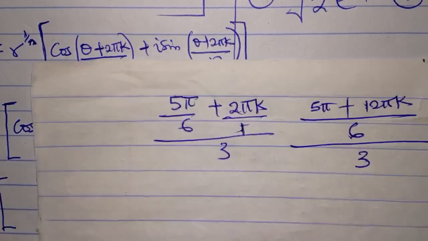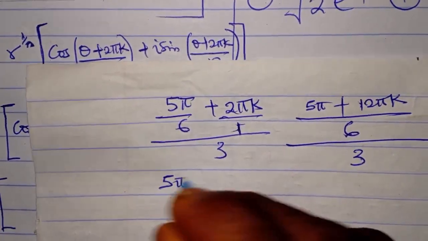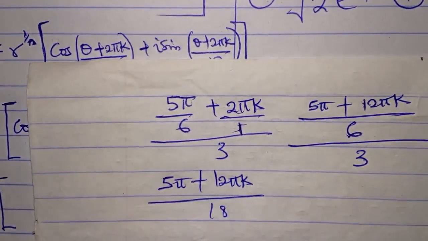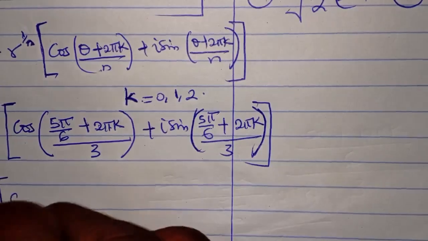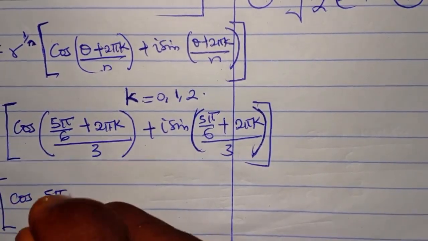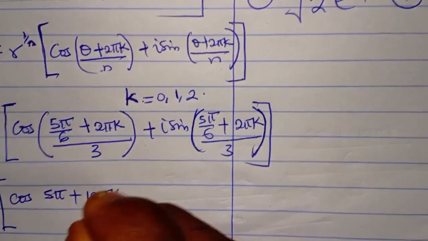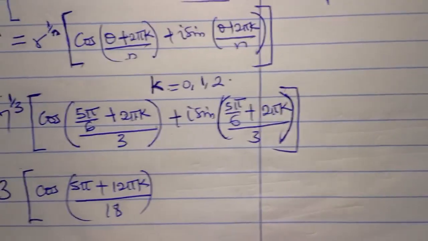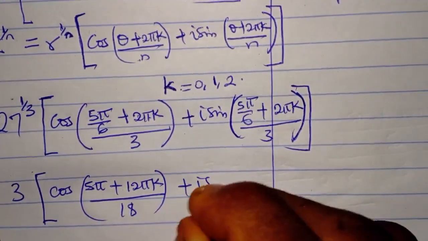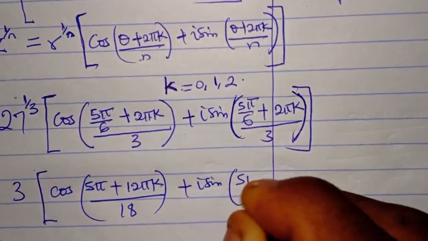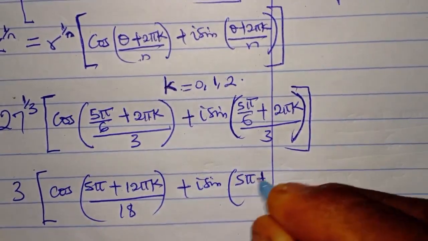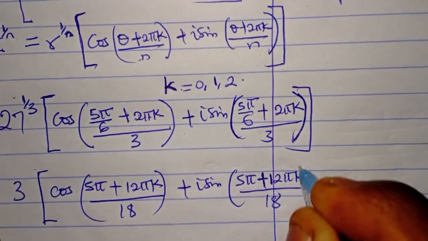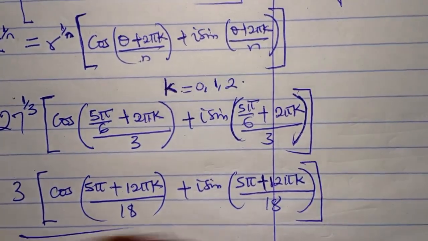So we'll be having 5 pi plus 12 pi k all over 18. That's what I'm going to write here. Cos 5 pi plus 12 pi k all over 18. The same thing here, 5 pi plus 12 pi k all over 18. This is the cube root.